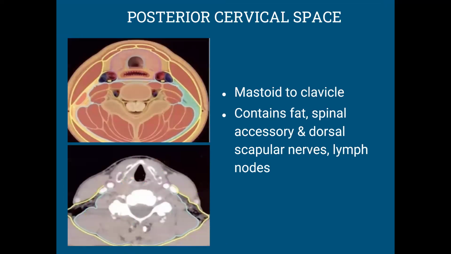That was about the carotid space. Now we move on to the fourth and the last space, which spans across both the supra and the infrahyoid neck. That's the posterior cervical space. This is the area of the posterior cervical space on either side.